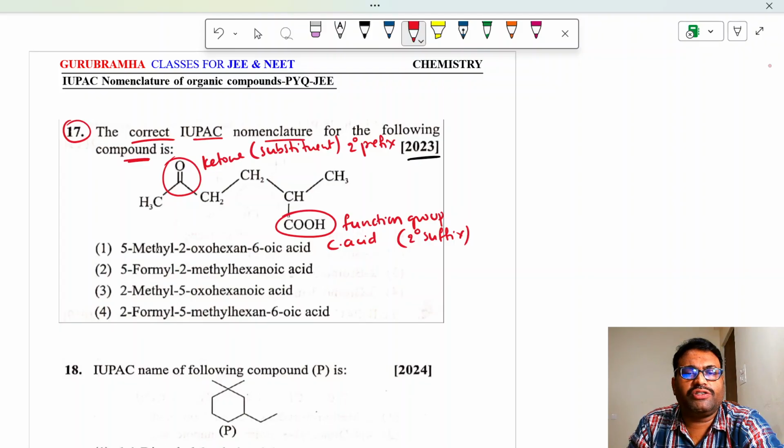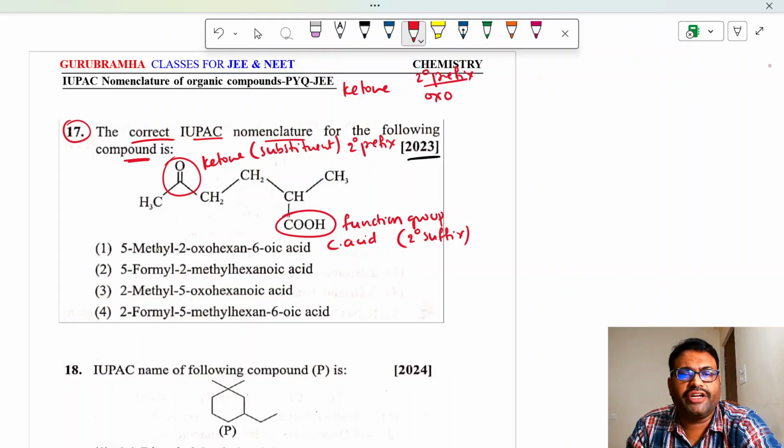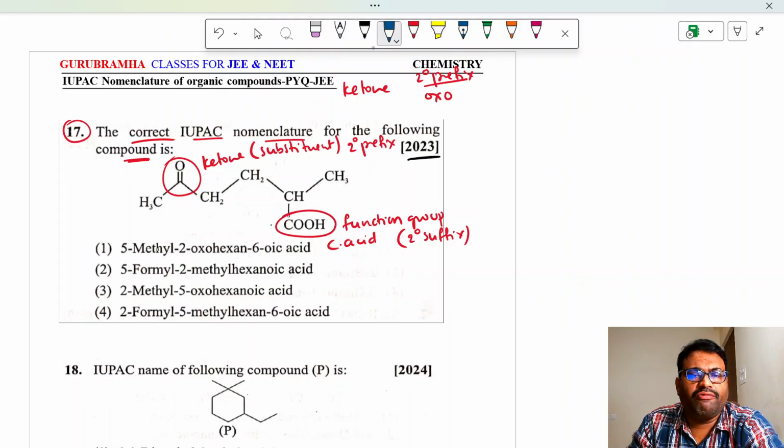So for ketone, secondary prefix is oxo. Ketone secondary prefix is oxo, right? And we have studied that if the functional group contains carbon, then you have to number from that carbon. The numbering will be 1, 2, 3, 4, 5, 6.